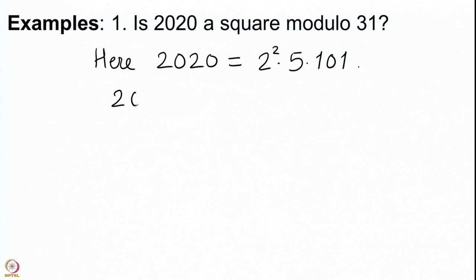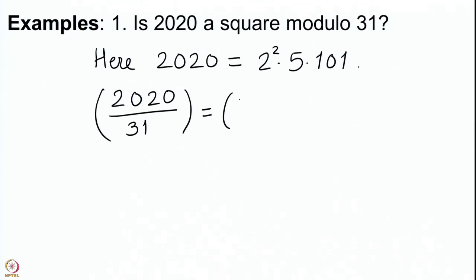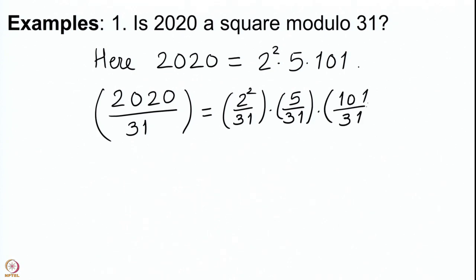So, when we are computing the Legendre symbol 2020 by 31, this Legendre symbol is 2 square by 31 into 5 by 31 into 101 by 31. This one, because this is already a square, this Legendre symbol is 1.